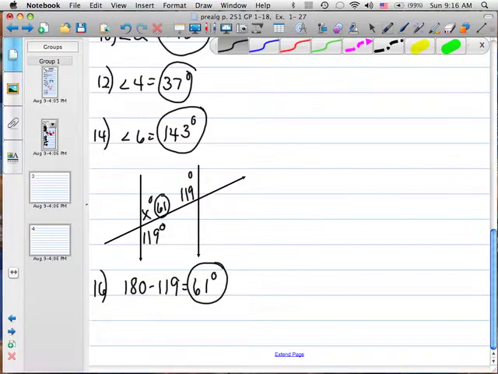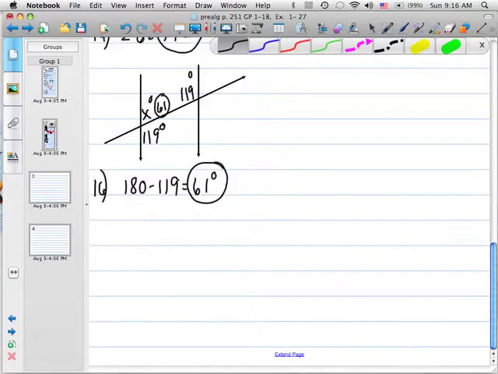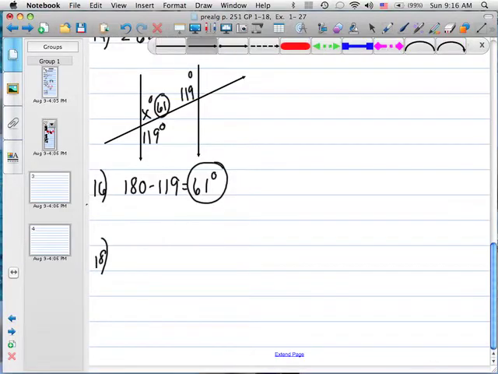Problem 17 and 18, in each figure, first find the measure of all the numbered angles, then tell whether the lines M and N are parallel or intersecting. So 18, we're going to draw the figure and fill in all our angles.